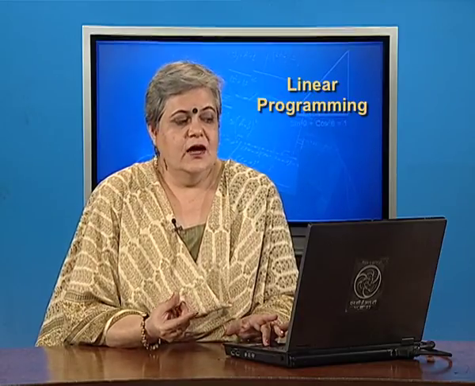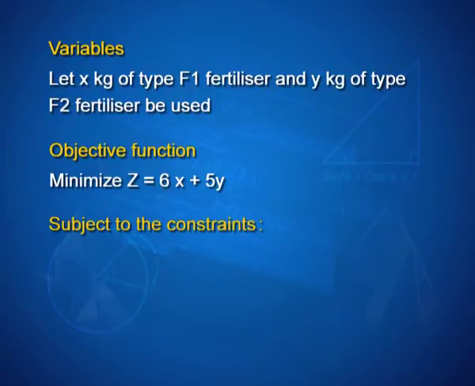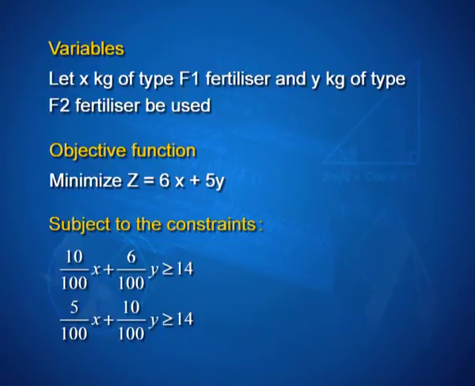That is how you would get the constraints, which are 10 by 100 times x plus 6 by 100 times y is greater than or equal to 14, 5 by 100 times x plus 10 by 100 times y is greater than or equal to 14.